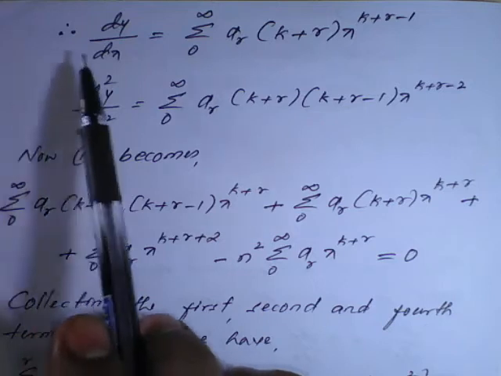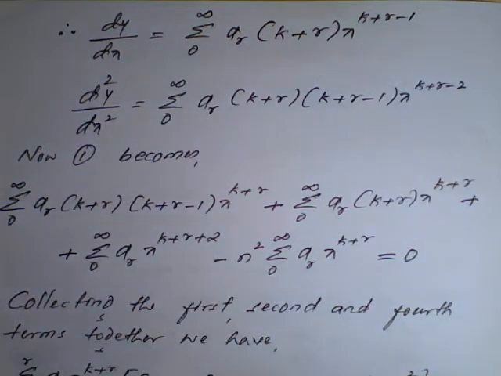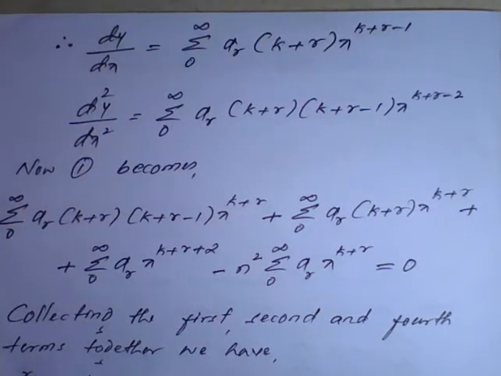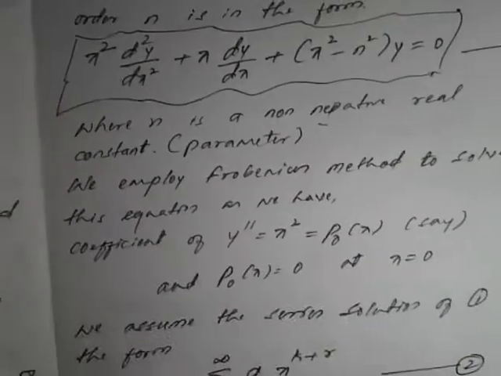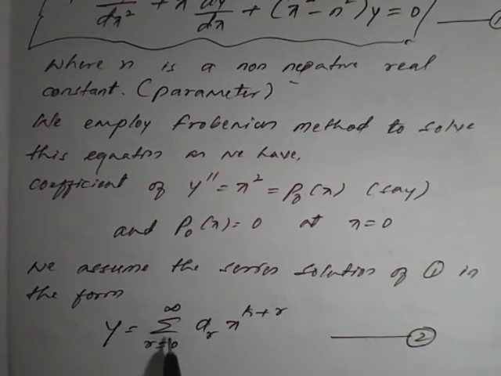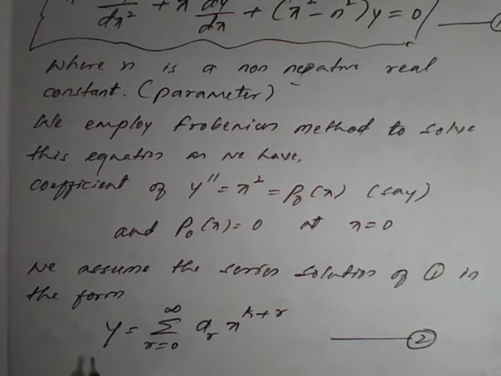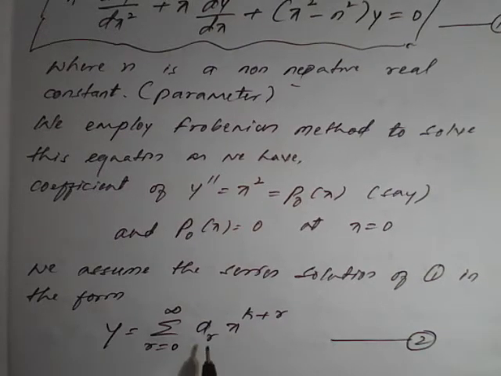Now dy by dx: we have to differentiate equation number 2, y equal to summation a r x raised to k plus r, with respect to x.